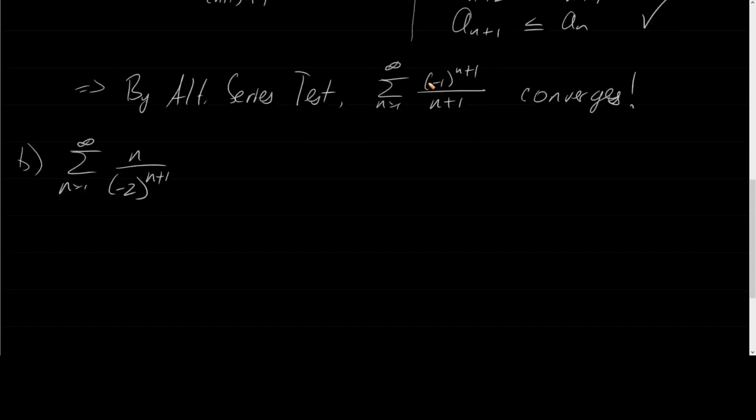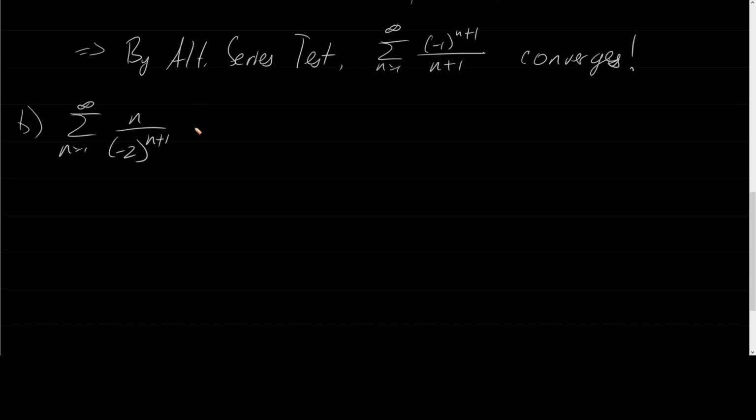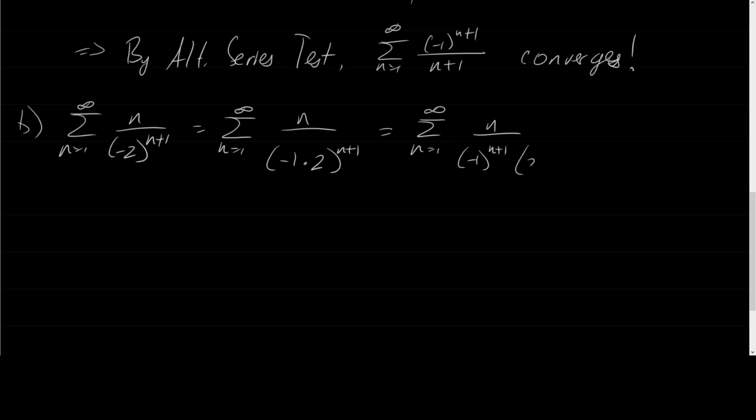So if we look at that here, how are we going to do this? Well, we can rewrite this series as the series from 1 to infinity of n over, well, negative 2 is the same thing as saying negative 1 times 2, right? And then we know from rules of exponents that that's negative 1 to the n plus 1 times 2 to the n plus 1.